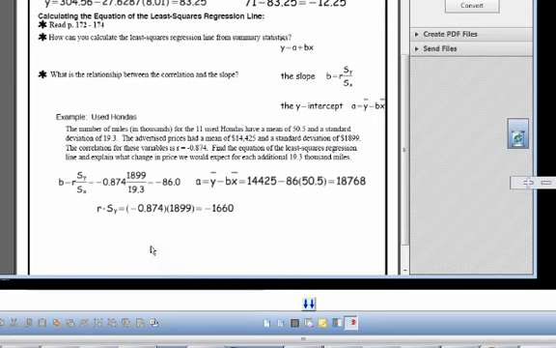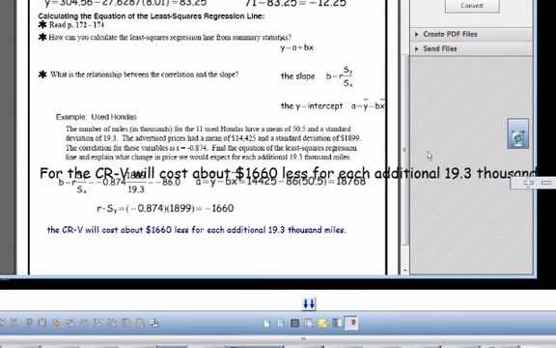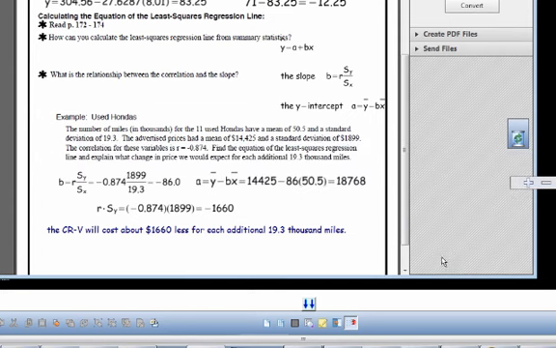When we put the numbers in, we get negative 1,660. So the CRV will cost about $1,660 less for each additional 19.3 thousand miles.